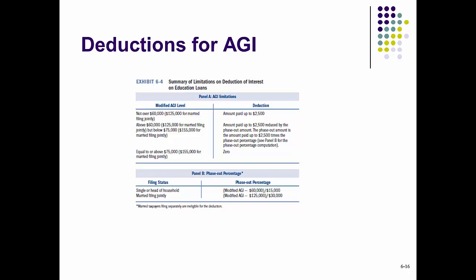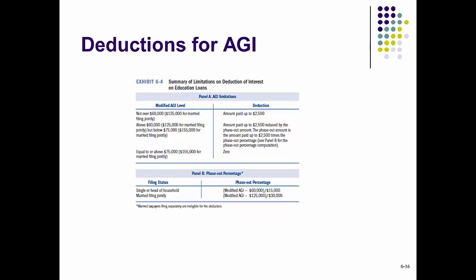Also, deductions for qualified education expenses. This deduction subsidizes the tuition payments for higher education. Qualified education expenses are limited to tuition and fees required for enrollment at a post-secondary institution of higher education. However, the deduction is phased out for the taxpayer according to the taxpayer's filing status and MAGI.